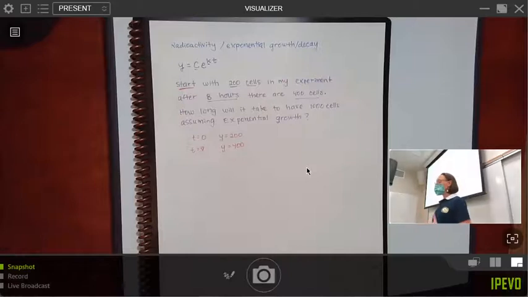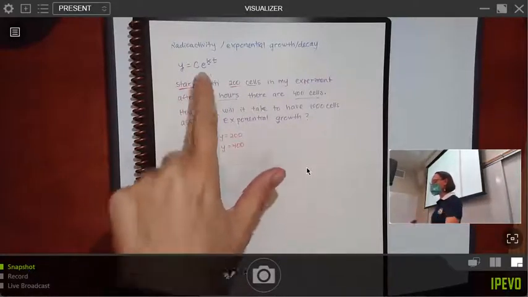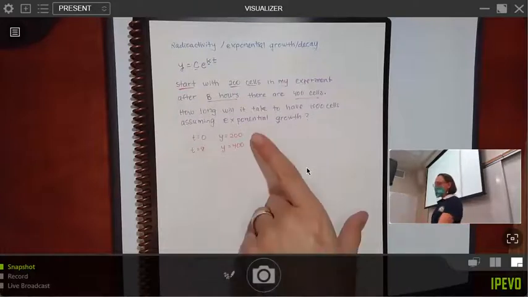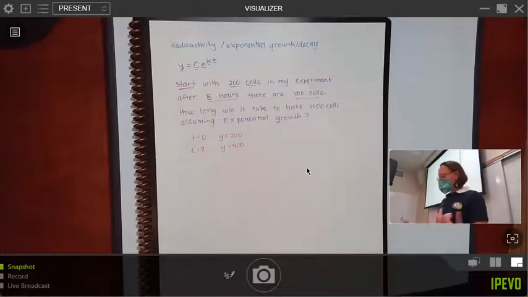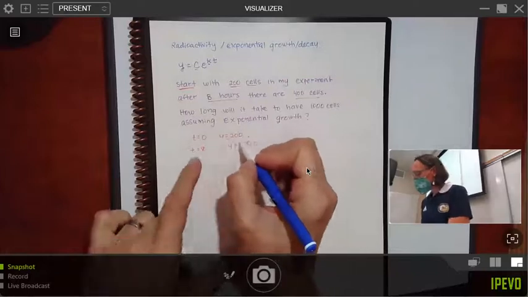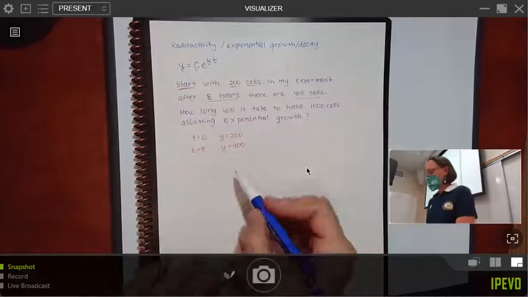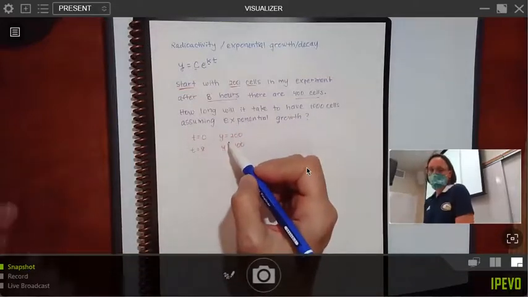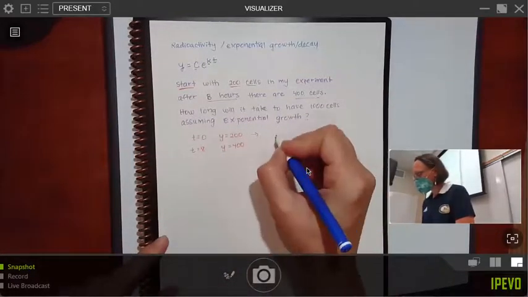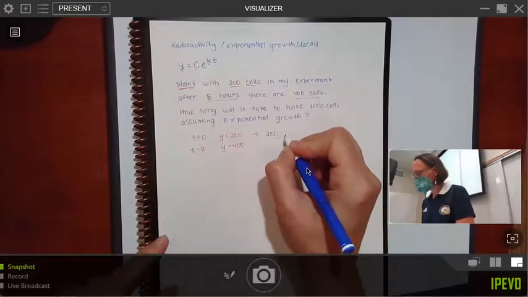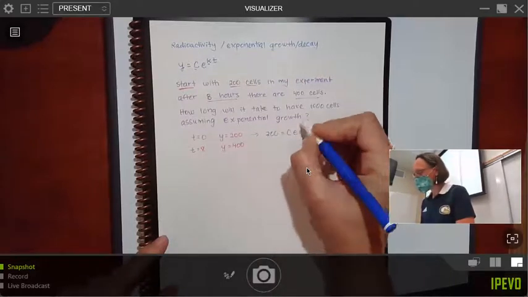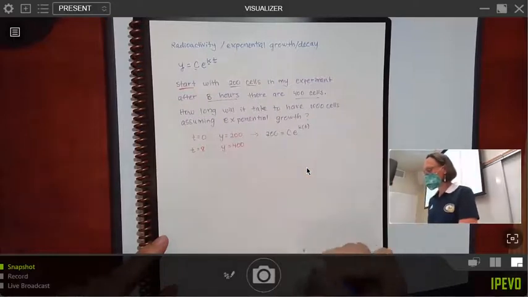These 2 things are going to allow me to solve for the C and the k value. My guess is, if you've done this before, some of you probably remember that C is just our initial value, but we can get there in case you forgot. Anytime I've got a 0 for one of these things, I'm definitely using the 0. So 200 is equal to Ce^(k times 0).